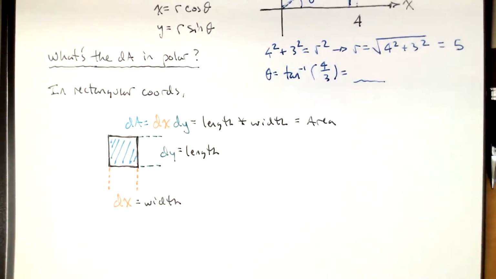So the dA is a small piece of area. That's why we get the dx dy or the dy dx. We're doing length times width.